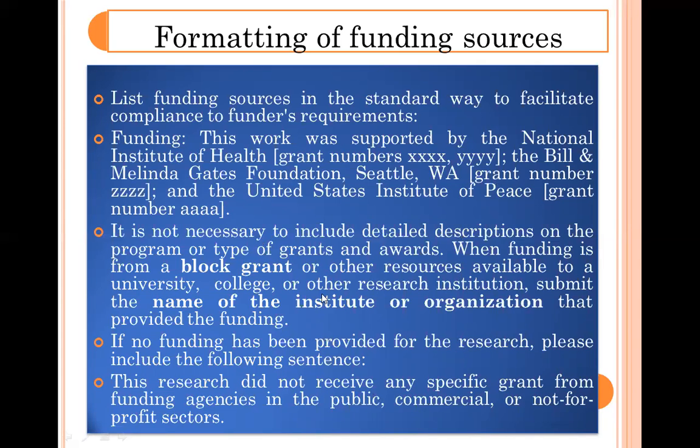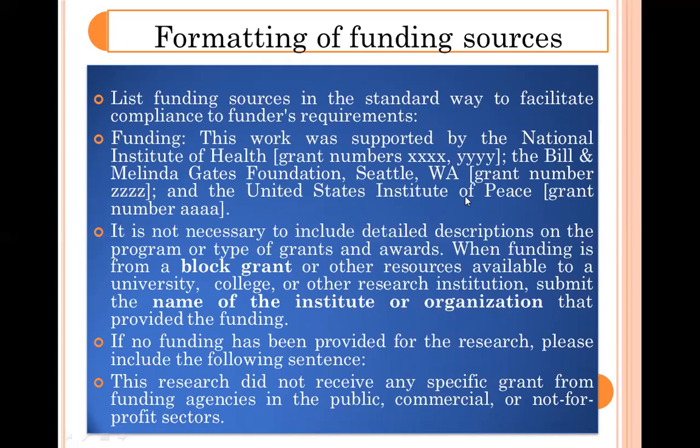There is a standard for that, something like this: funding agency, grant number. Or you can say Bill and Melinda Gates Foundation, within square brackets, grant number. So whenever you receive grants, the grant number should be specifically mentioned.